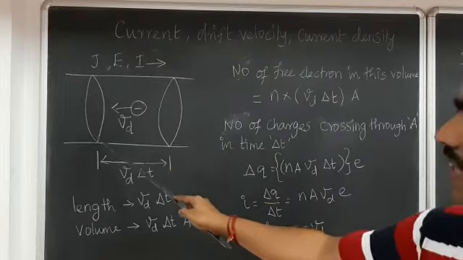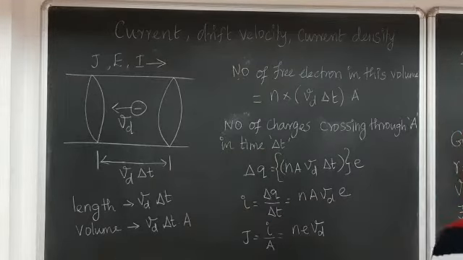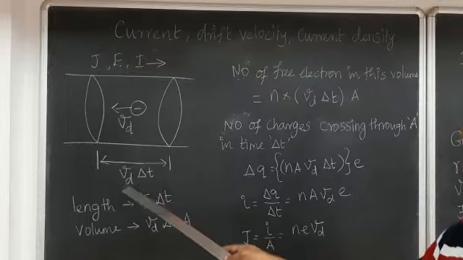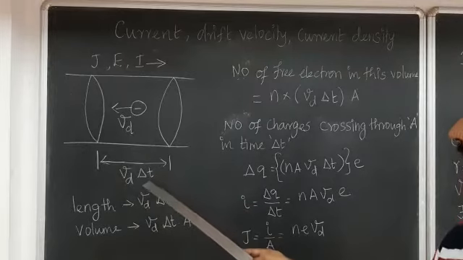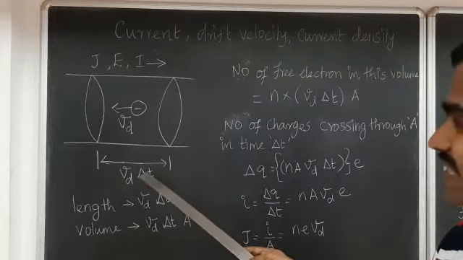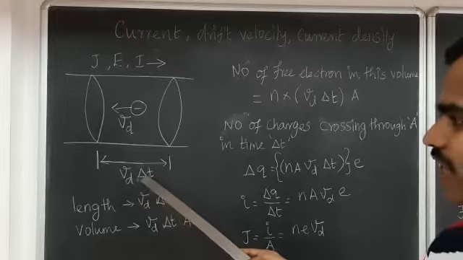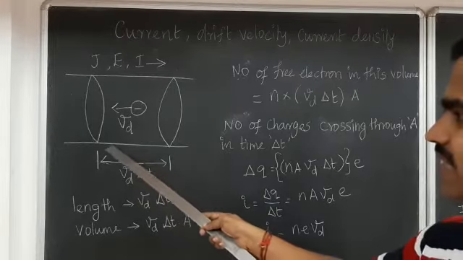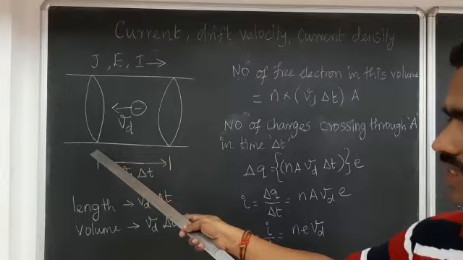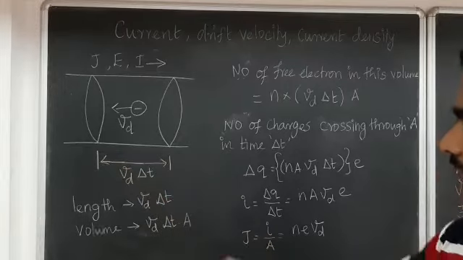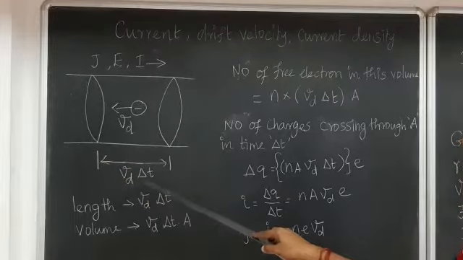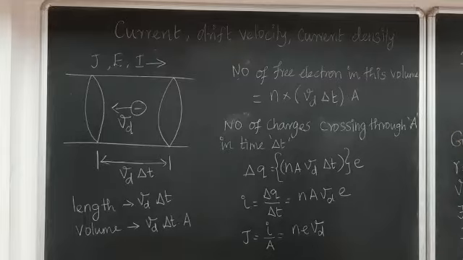How do we calculate the distance between these two surfaces? Velocity into time. Vd is the drift velocity of that electron and it takes time delta t, so velocity into time gives the distance between these two areas. The length is Vd into delta t. And what about the volume?